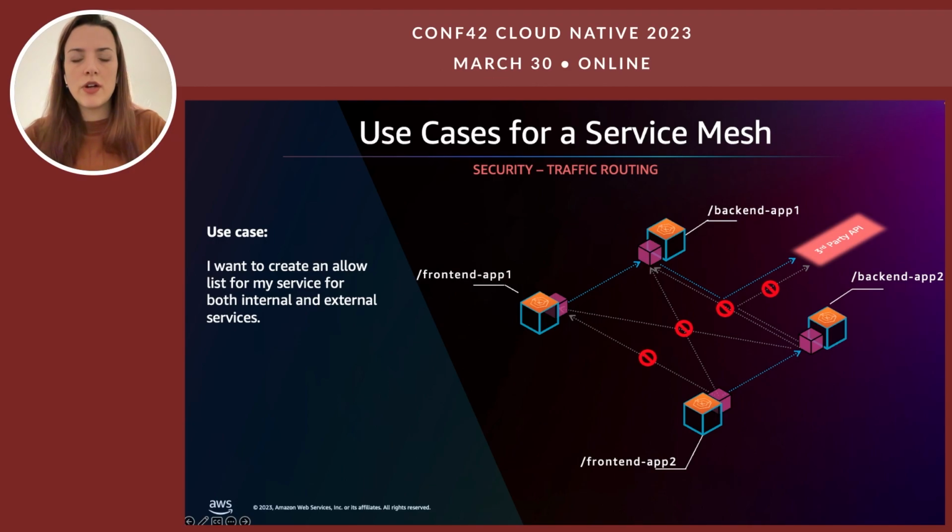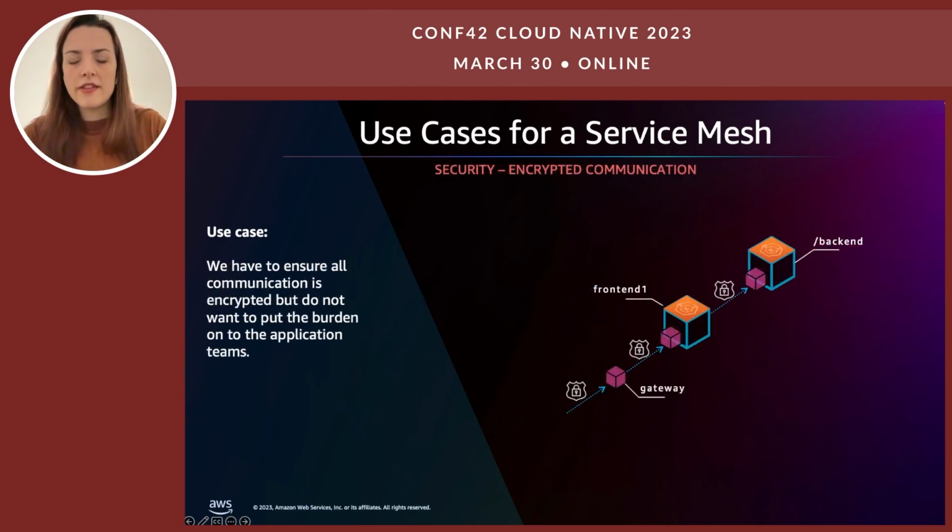Security is also one of our objectives, and you can enforce whether your applications are able to talk among themselves or to third-party APIs. You can also enforce that the communication is encrypted, and so enforce TLS, for example, at the reverse proxy level, not at application level.